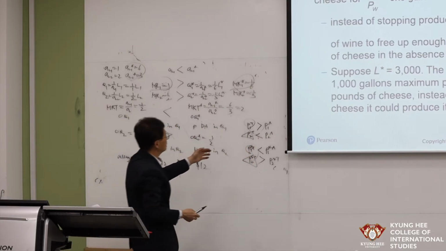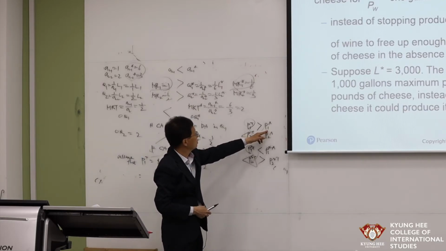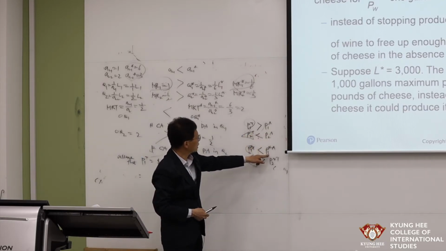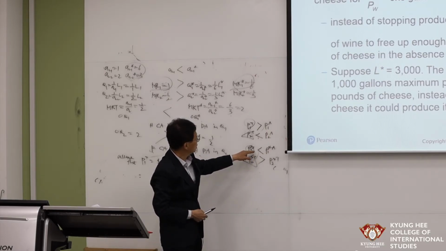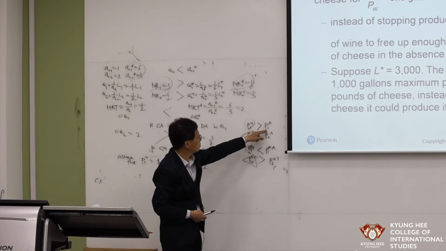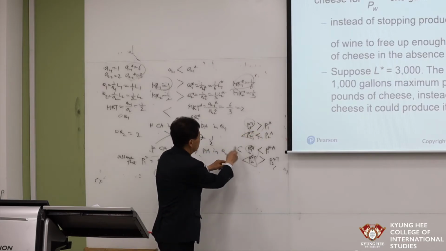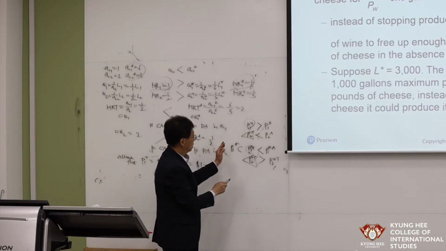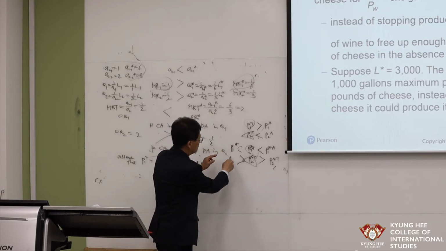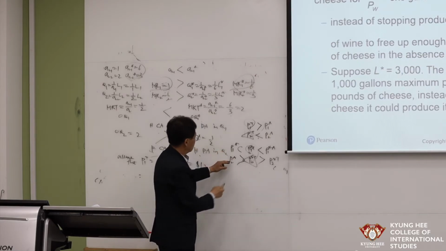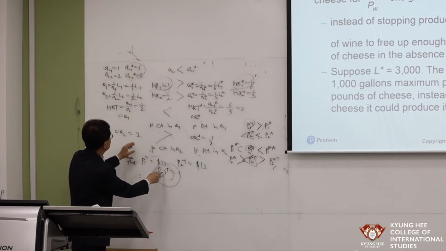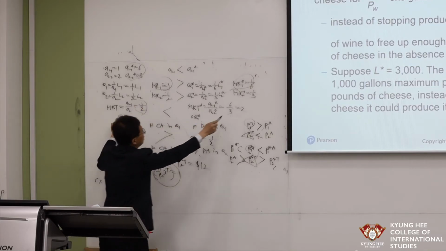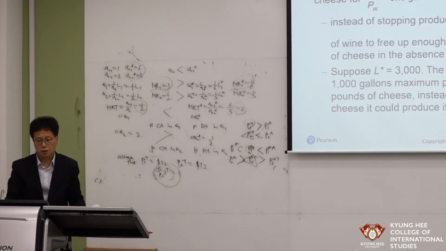But in autarky, P1 star A is very high compared to the equilibrium price, and P1A is lower than P1T. Right? So this is P2A, like this. Because of this, P1 over P2 is in between half and MRT star.